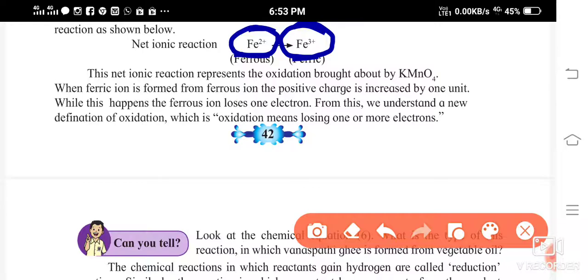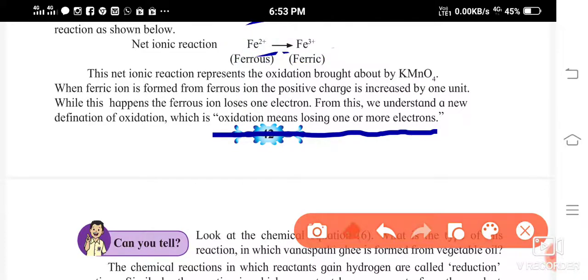From this we understand a new definition of oxidation: oxidation means losing 1 or more electrons. So see, one more new definition regarding oxidation. Oxidation means losing an electron also, losing one or more electrons.